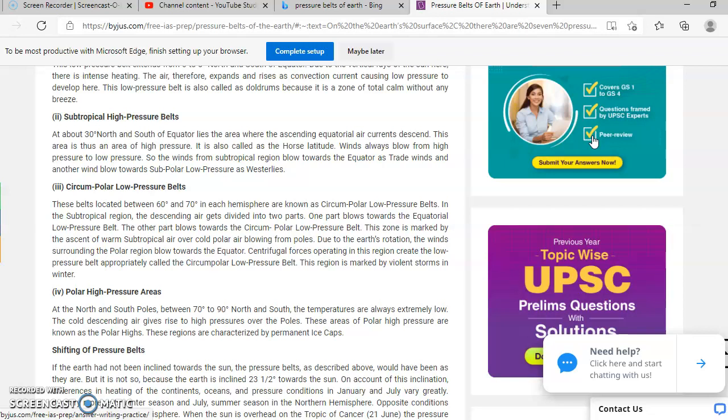So over the earth's surface, near the ground surface, a low pressure zone is created. This is how equatorial lows are created, as the warm air has a tendency to ascend.